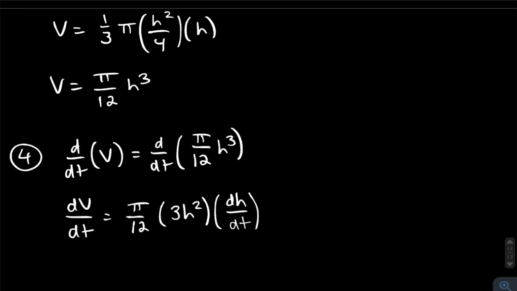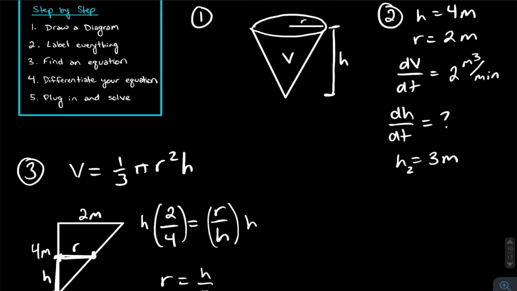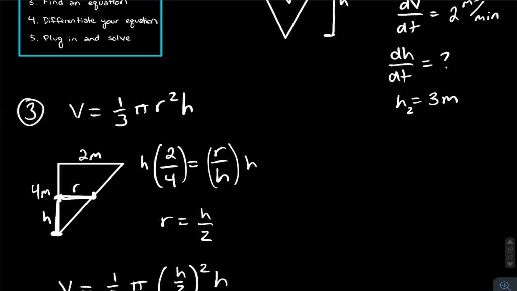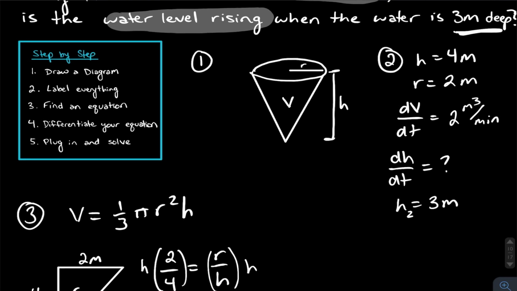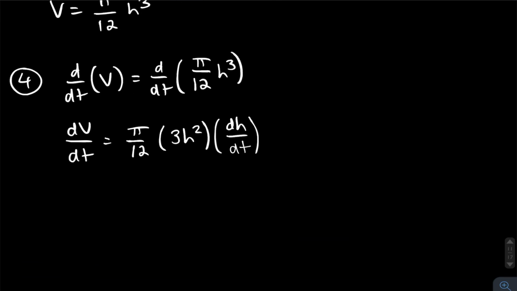Now, it's just going to be a matter of plugging in, right? We know what our dV/dt is. We know what that height is that we've got to plug in, right? That's 3 meters. Remember, 3 meters. And dV/dt is going to be 2 meters cubed per minute. So we have a 2 right here, pi over 12. This is step 5. 3 times h is 3.